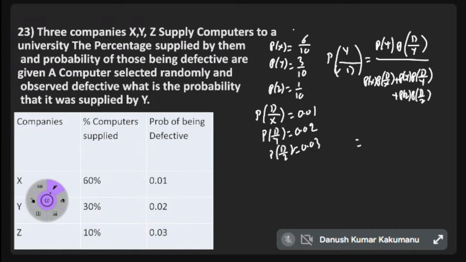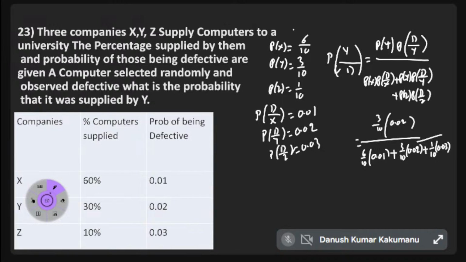P of Y is 3 by 10. P of D given Y is 0.02, divided by P of X, which is 6 by 10, into P of D given X, 0.01, plus 3 by 10 into 0.02 plus 1 by 10 into 0.03.